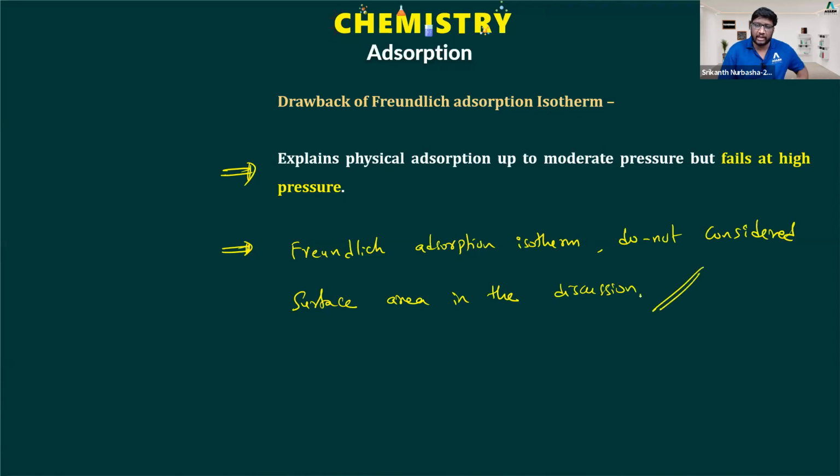But adsorption is actually based on the surface area, unbalanced forces. Since the surface area itself is not included in Freundlich adsorption, it was also not accepted greatly. That is also a great drawback, because only because of surface area and unbalanced force on the surface is adsorption happening. The surface is not at all included in this discussion. That is why it also acts as a drawback.